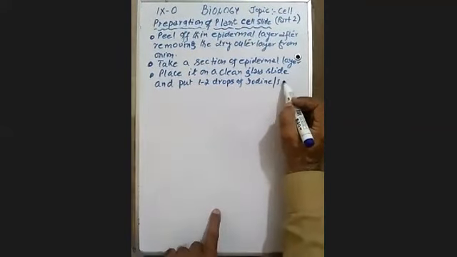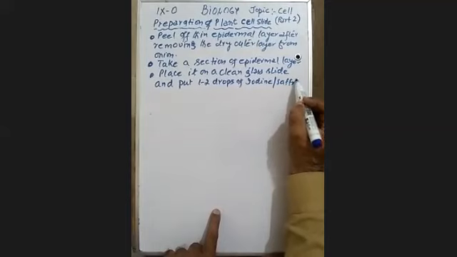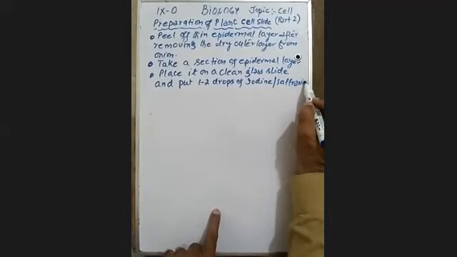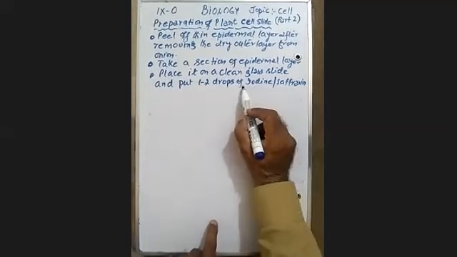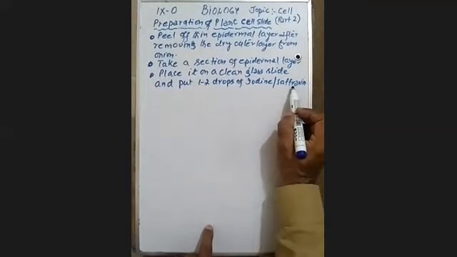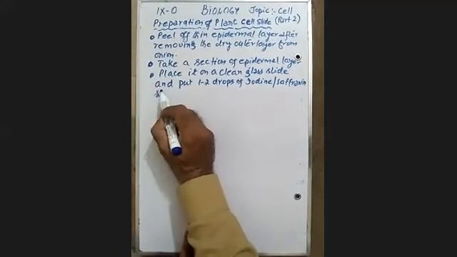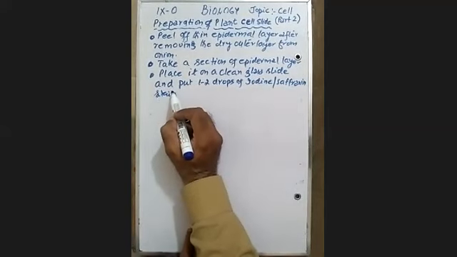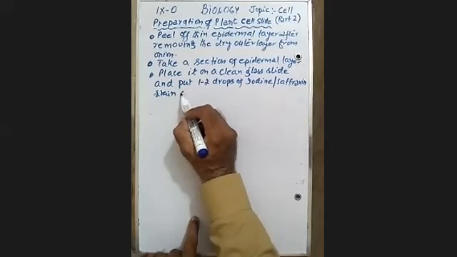Or you can use another stain that is called safranin. It is used for plant cell stain, a red stain. You can either use 1 to 2 drops of iodine or safranin. This is a stain on the specimen.